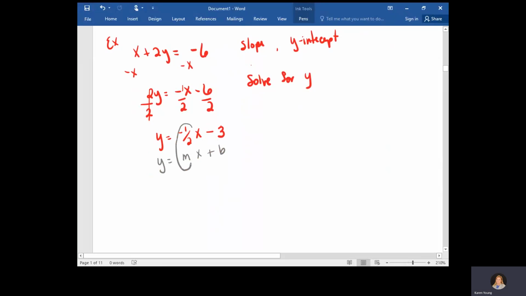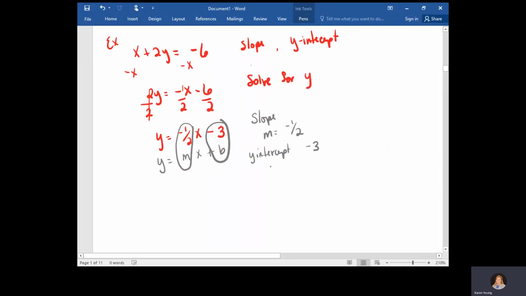So my -1/2 goes with M. My -3 goes with B. So my slope equals -1/2. My y-intercept is -3.